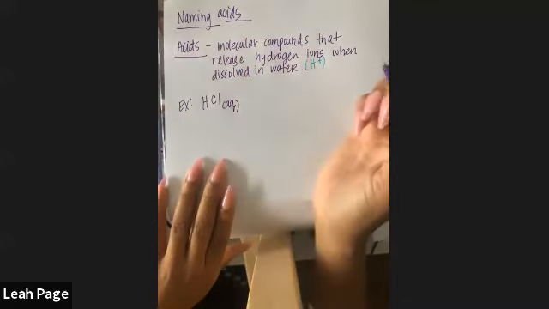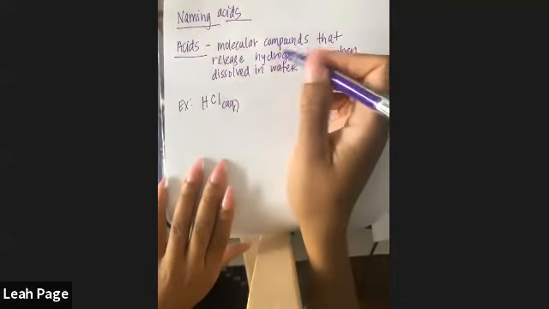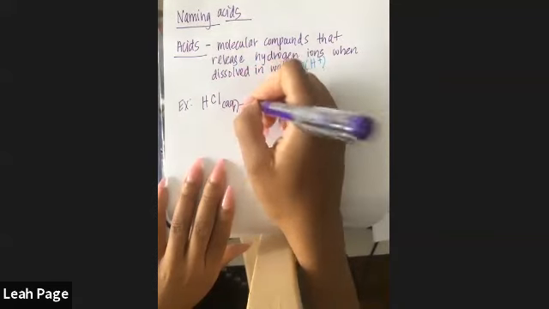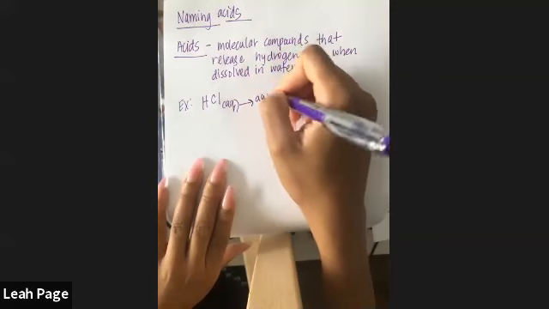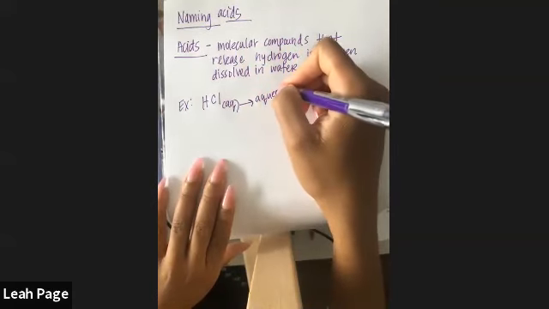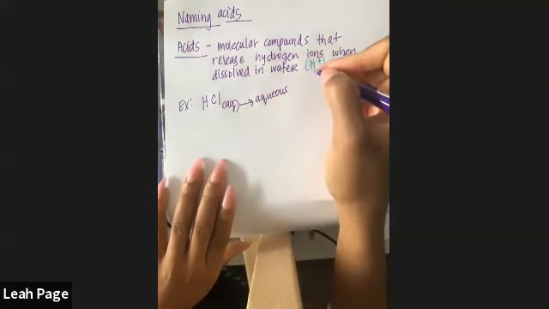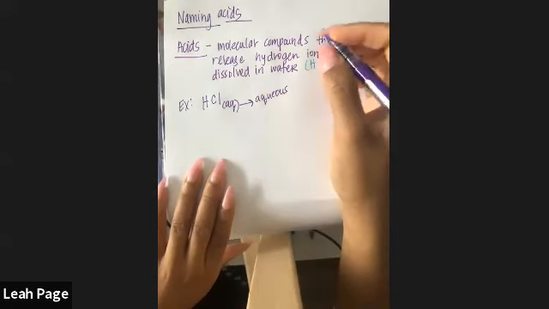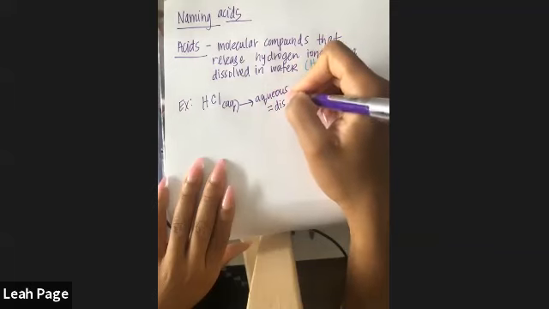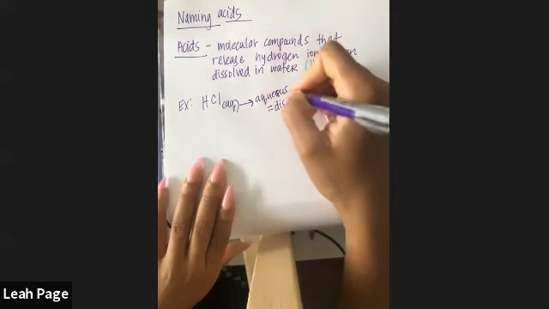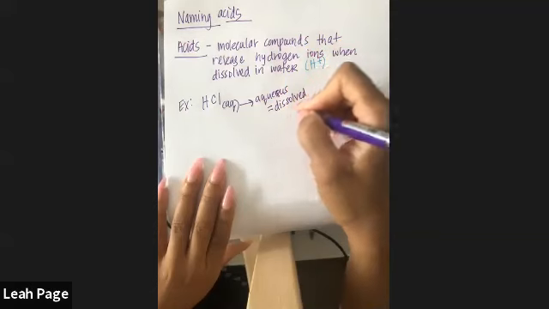First off, the way we write acids, they're going to be dissolved in water, and this is what this AQ stands for. AQ stands for aqueous, and all aqueous means is dissolved in water.